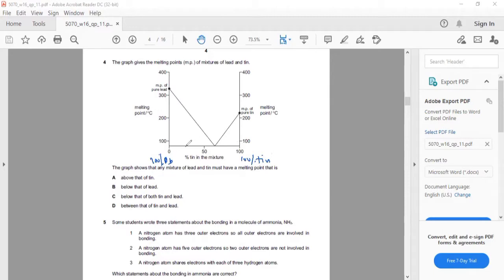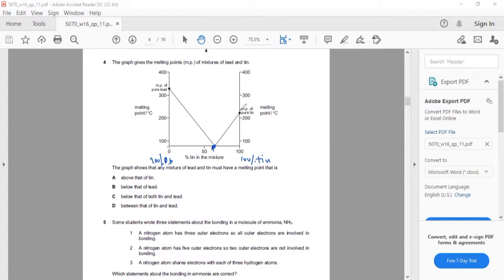In between, you are adding tin as an impurity in the lead, so the melting point decreases. When the amount of tin in the mixture exceeds this amount, suppose this is 60, after that the melting point increases, and when the tin is 100% with no lead, the melting point is this.